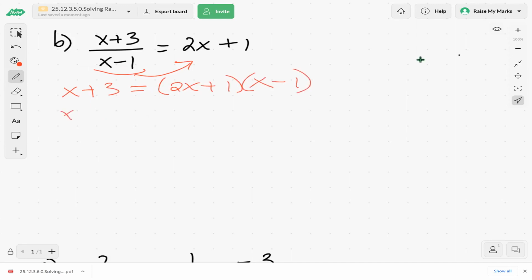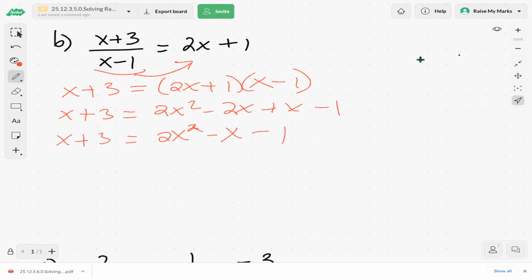Now let's multiply and expand everything out on the right-hand side. So we've got 2x squared minus 2x plus x minus 1. And we're going to group like terms. We get 2x squared minus x minus 1.